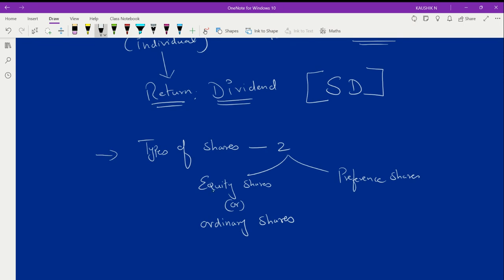And the equity shares will not have any predefined rate of, not interest, dividend, I'm sorry.